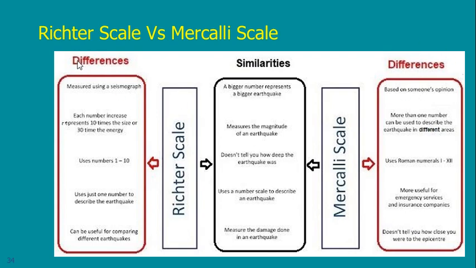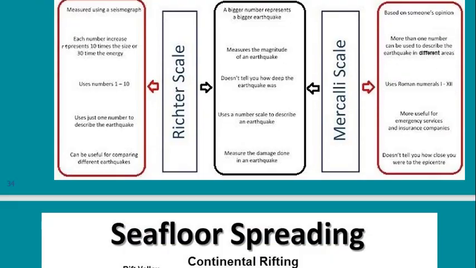But the Richter scale is the amount of energy released at the focus of the earthquake, so it is the same all over the earth. This is the most important. Of course, there are other points you have to check, but we have said it before.